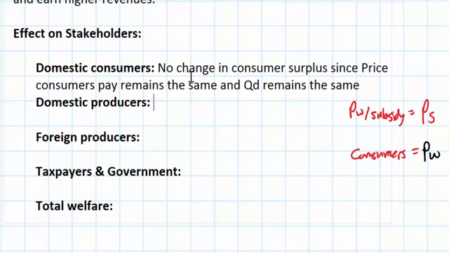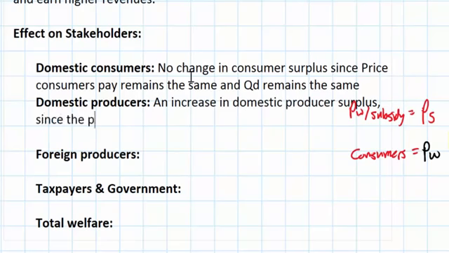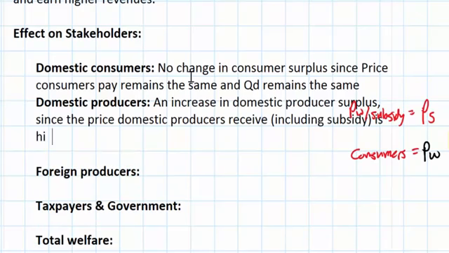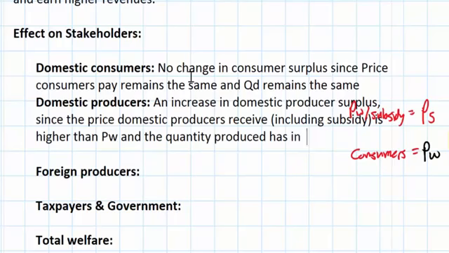There has actually been an increase in domestic producer surplus since the price domestic producers receive, including the subsidy, is higher than PW and the quantity produced has increased. Clearly, producers are better off with the subsidy and consumers are no worse off. So there's been no negative effect on the apple market itself, at least domestically.